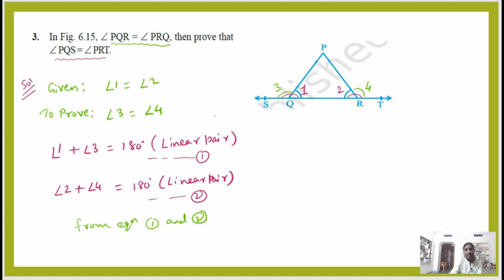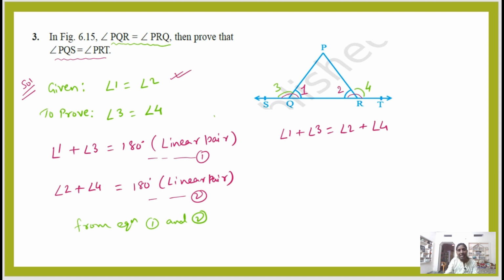Then we will get angle 1 plus angle 3 is equal to angle 2 plus angle 4. Now, it is given that angle 1 is equal to angle 2.